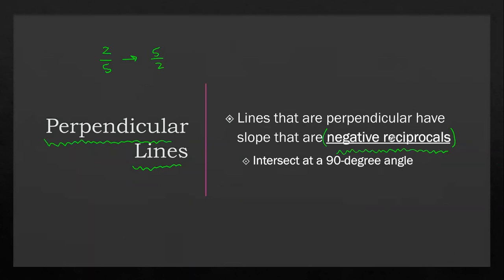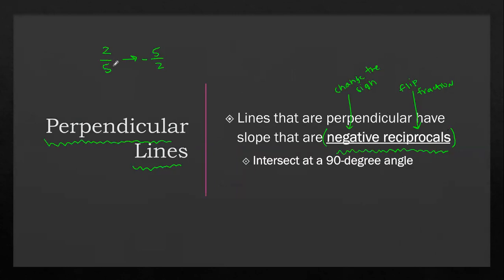But that's just the first part. It says reciprocal. But the second part is negative reciprocal. Negative means I change the sign. So if it was positive, it becomes negative.